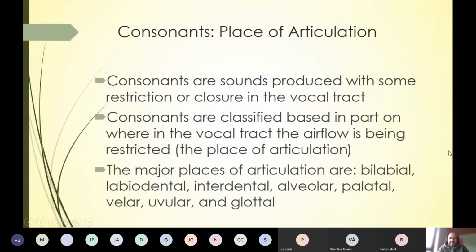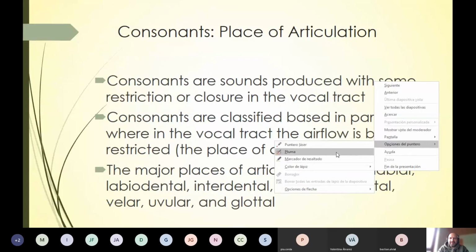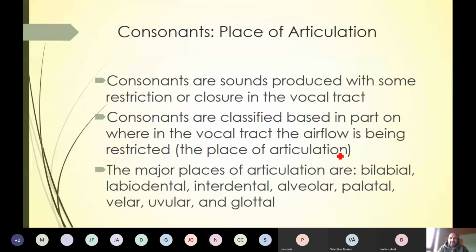One of them was place of articulation. And if you remember, the place of articulation is usually where the articulators were positioned. Usually the tongue, sometimes the teeth, sometimes the lips, to produce or articulate the sounds. Let's take a look at this slide, which talks about place of articulation.